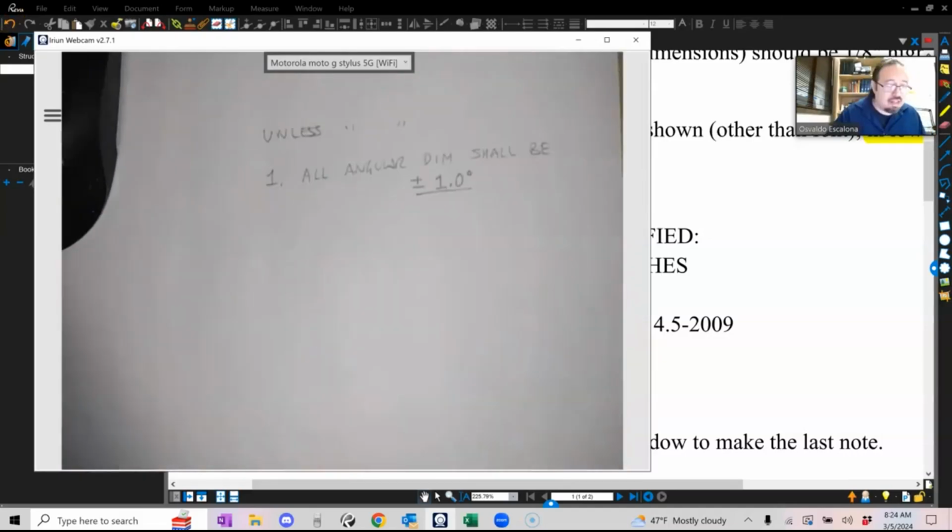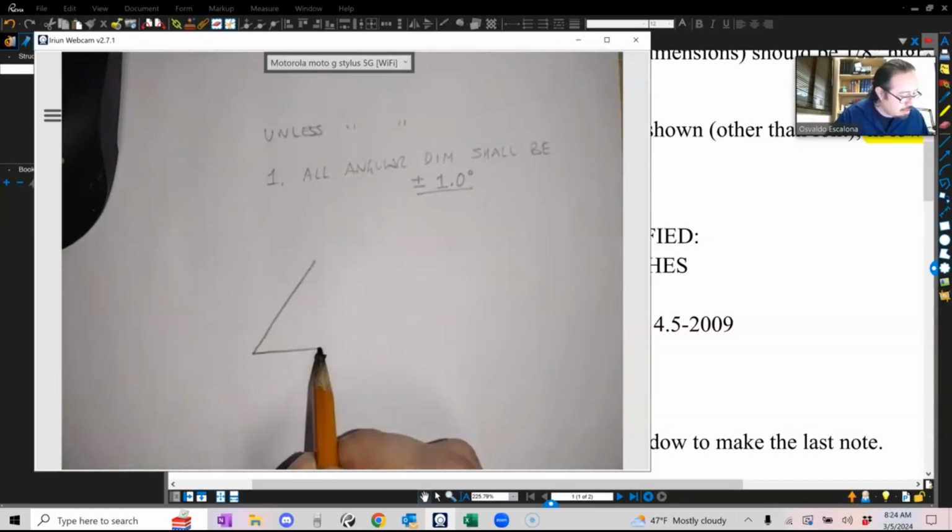You also have an angular tolerance, so if you were to have a part that looks like this, right?